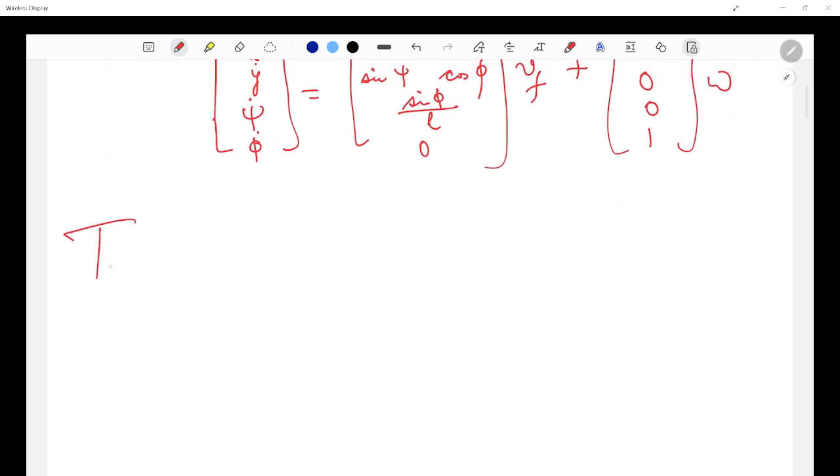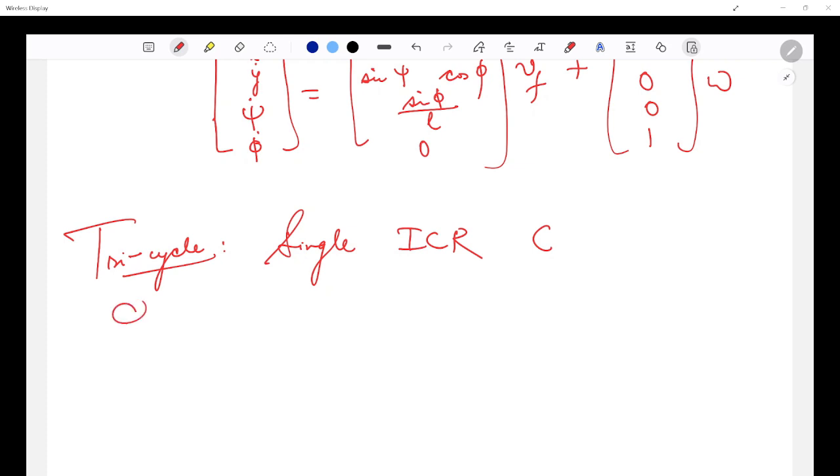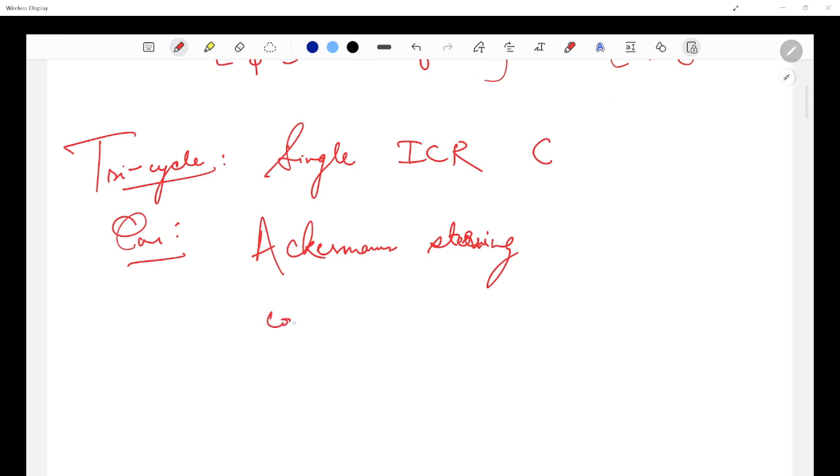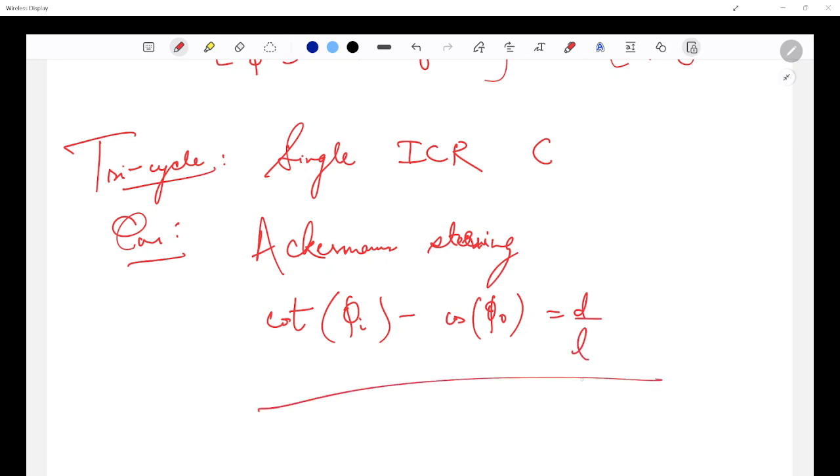So in tricycle, we have a single instantaneous center of rotation C. If we talk about car-like robot, are you aware of Ackermann's steering? So how do we find out the condition for it? Cot phi i minus cot phi o is equal to d by L. This prevents slip.